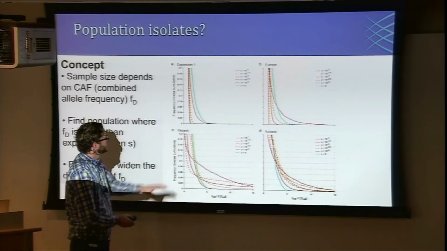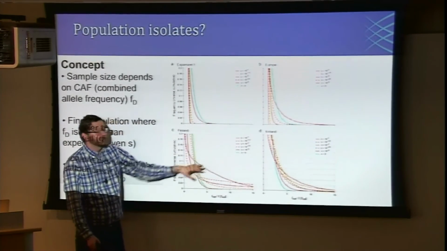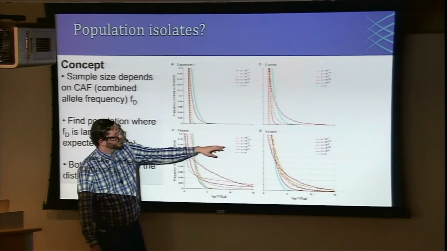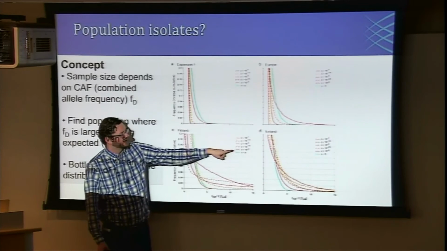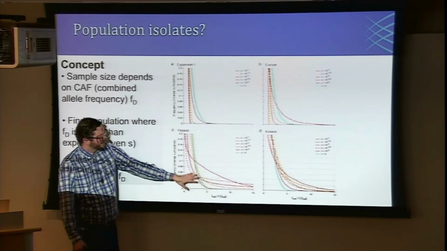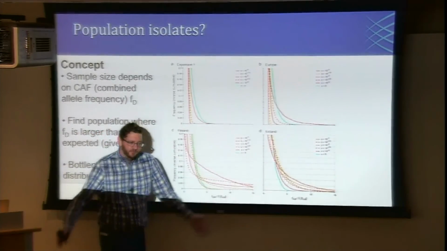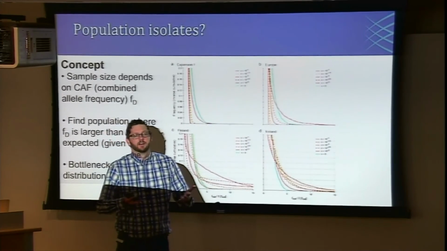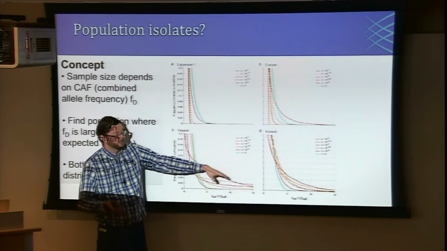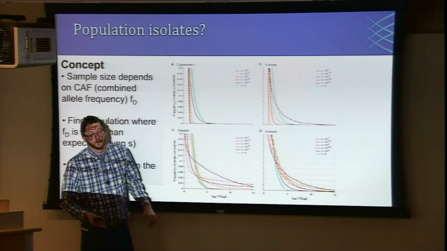Okay, so we can look at Europe, we can look at Finland, and when you look at Finland, you have this big stretch of red. So for things with selection coefficients in the range of 10 to the minus 3 to maybe 10 to the minus 2.5, that slice of the universe, there are genes where the frequency of these mutations is much higher than we would expect based on the population demographics, or the population genetics forces of selection overall.